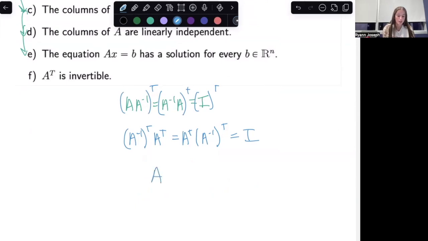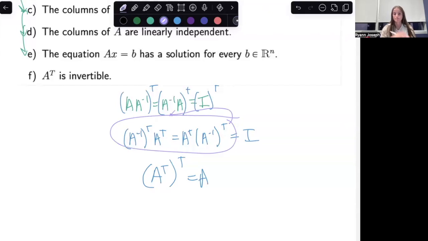And we also know that A transpose transpose is equal to A. We also get that if A transpose is invertible, then so is A. Essentially, by making this a transpose, we're showing that it still holds. This is the exact same thing that we said up here, but all of them are transposed, and then it works out.